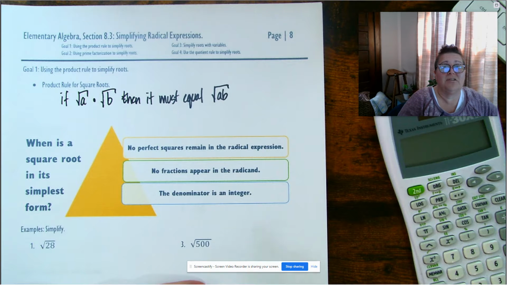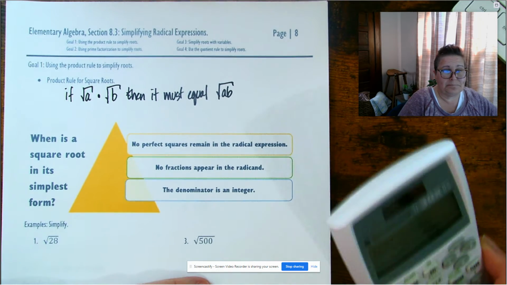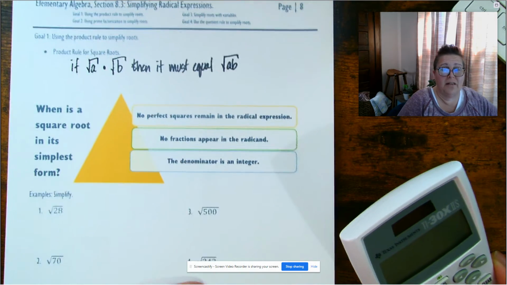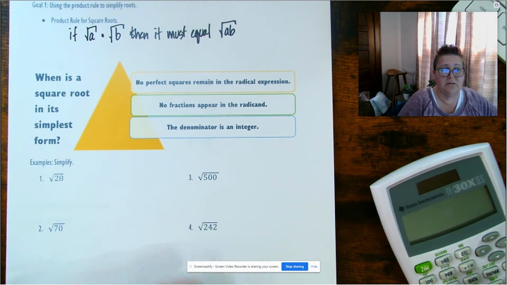So when there are fractions in the radicand, we want to eliminate those. And lastly, if we have a fraction form, our denominator must be an integer. So it must be a whole number, no more square roots in the denominator. All right? We're going to practice using the product rule and our knowledge of perfect squares.